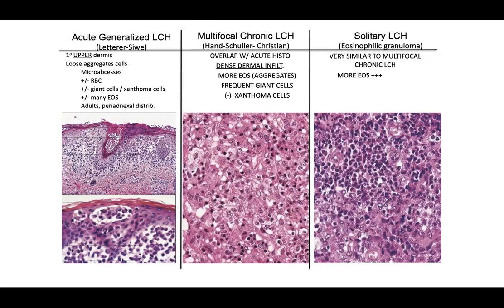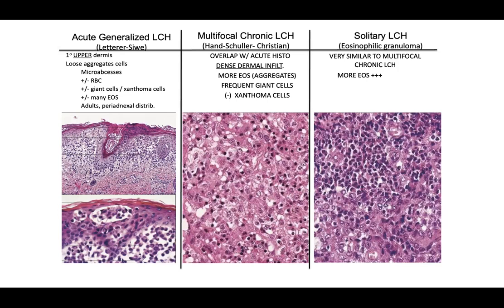So Langerhans cell microabscesses can be present in an atopic dermatitis with secondary contact dermatitis. So a Langerhans cell microabscess is not specific for LCH, but it does say that you can't really exclude it, and close, careful clinical follow-up is recommended.